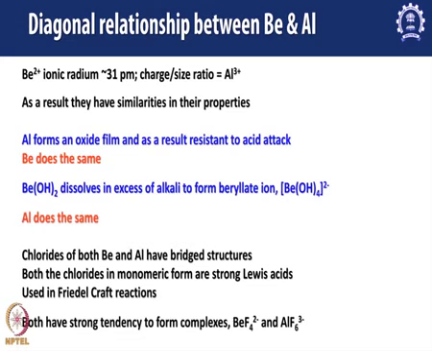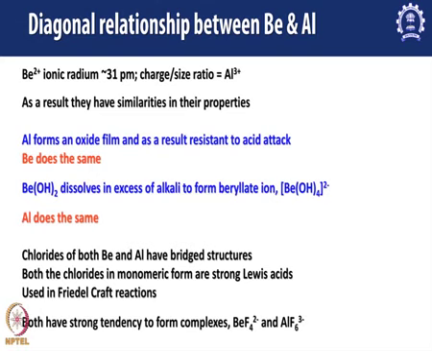Aluminum forms an oxide film and as a result is resistant to acid attack; this is called passivation. Beryllium does the same: once pure beryllium is exposed, it immediately forms a thin coating of beryllium oxide, and that prevents further oxidation and can also resist acid attack.